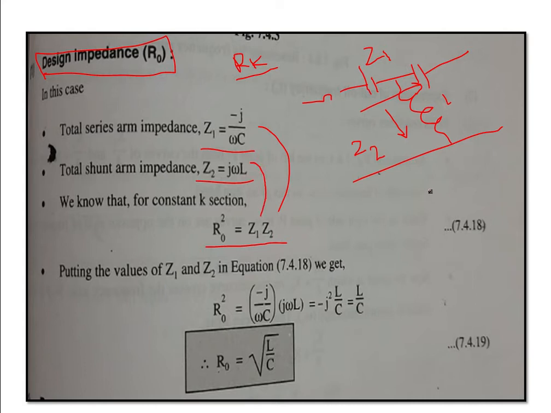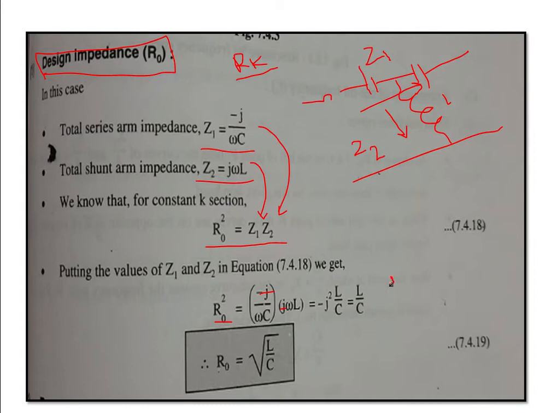After substituting, the design impedance equation begins: R0 square is equal to minus j upon omega C into j omega L. The j and j get cancelled out, and once squared, we have minus j square.